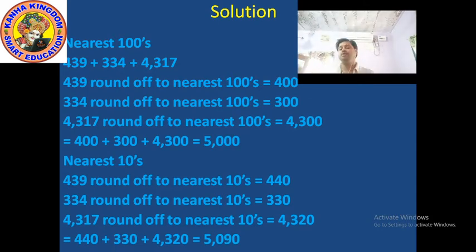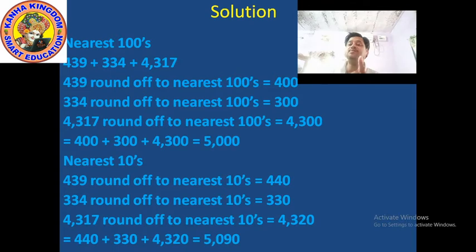Okay, now the third number is 4317, and the ones digit of this number is 7, and here 7 is greater than 5. It means the second rule is followed: you convert the ones digit into 0, and you add one more to the tens place.